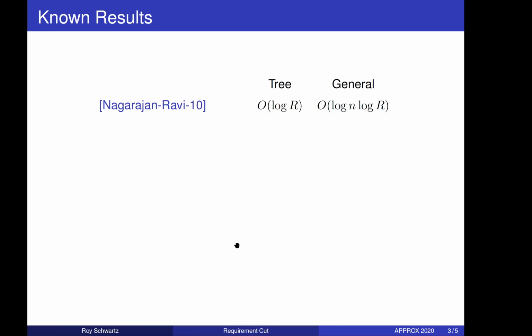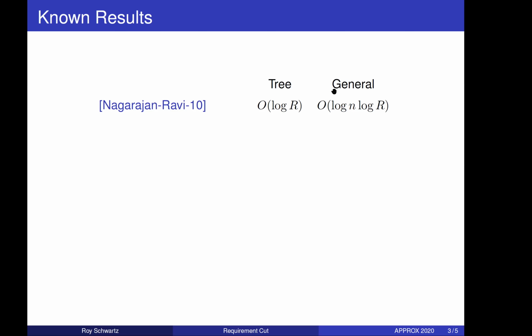To better understand our result, I'll go briefly over the known results. And the nice thing here is that there are only a few known results, so I'll be able to review everything that is known. This problem was first introduced by Nagarajan and Ravi, and they presented an order log R approximation on trees, where this capital R is the sum of requirements when you sum over all groups.